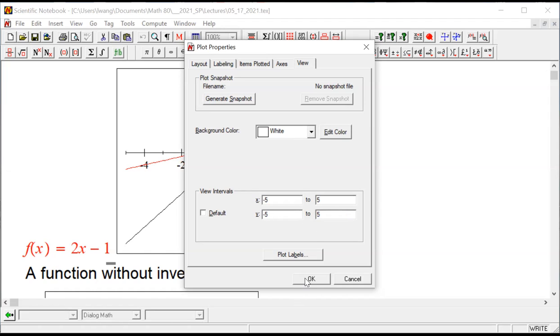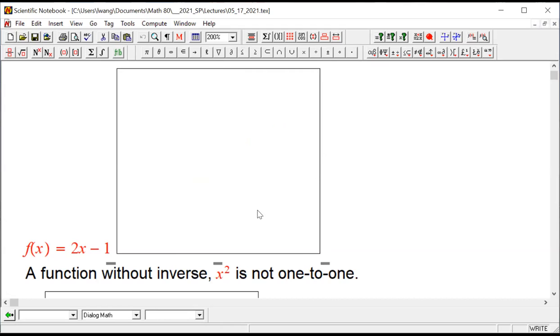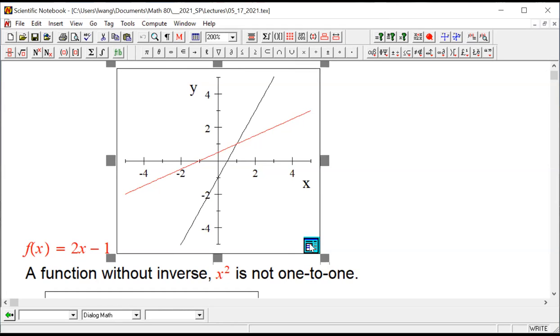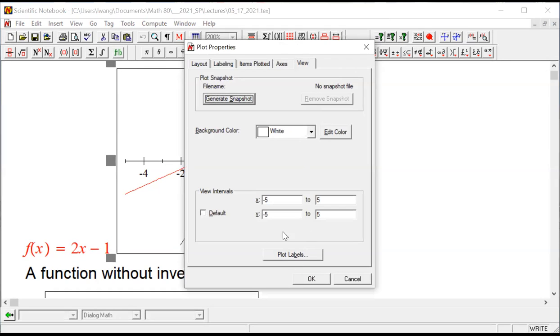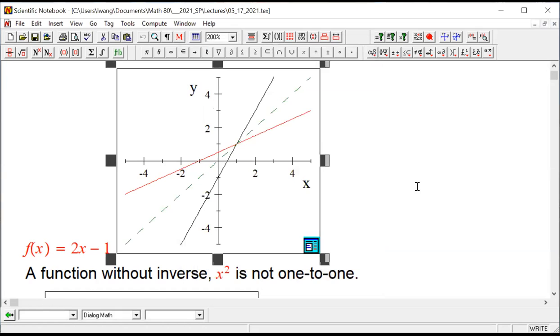I just make sure the scales are uniform. This much is 2, this much is 2. Guess what? These two lines are also symmetrical with respect to that green line we talked about before. You see that? These two are inverse functions of each other.